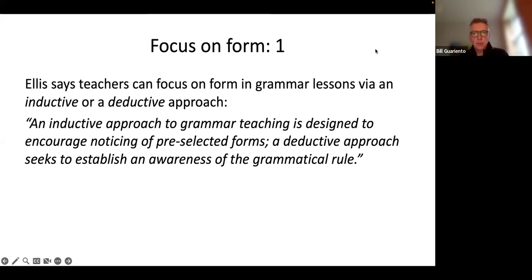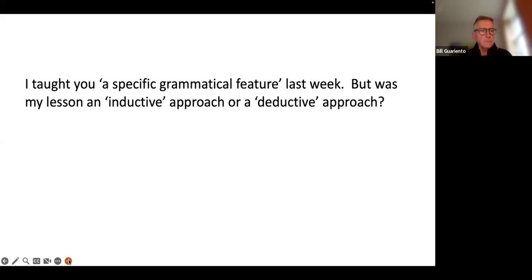A deductive approach seeks to establish an awareness of the grammatical rule. So last week, I taught you a specific grammatical feature, but was my lesson an inductive approach or a deductive approach?